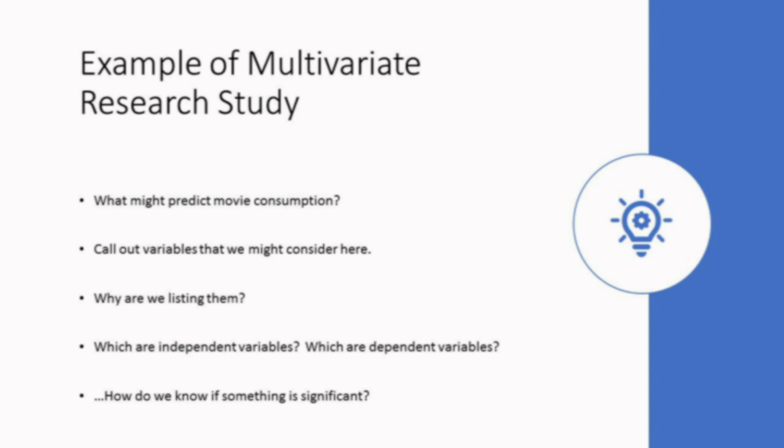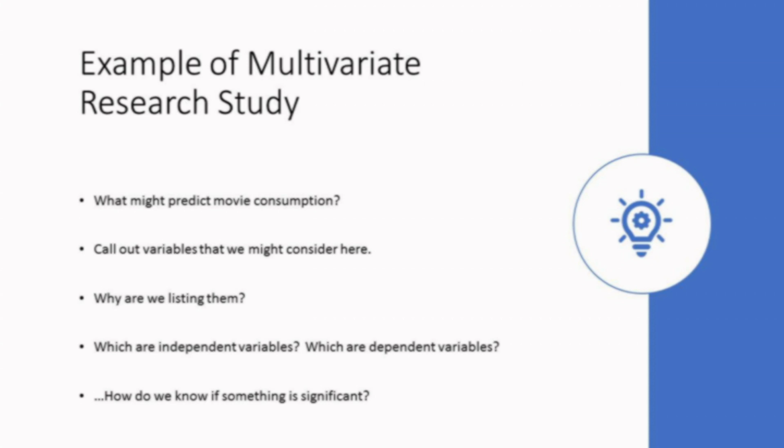A few things that might be part of better understanding movie consumption may be related to previous movies watched in a genre, how many times somebody has seen an actor before, so maybe previous films that an actor has been in, how many times they viewed that actor in previous movies.